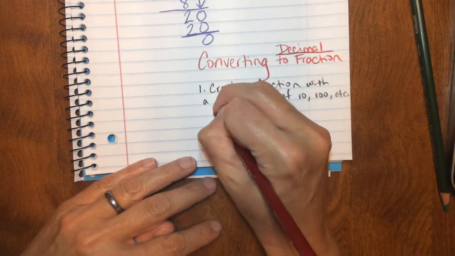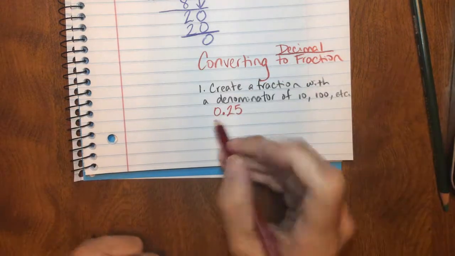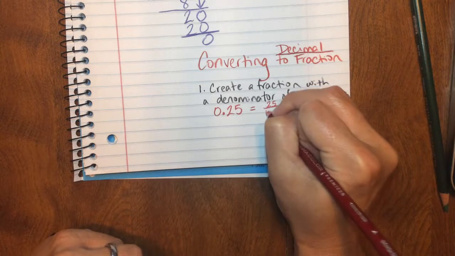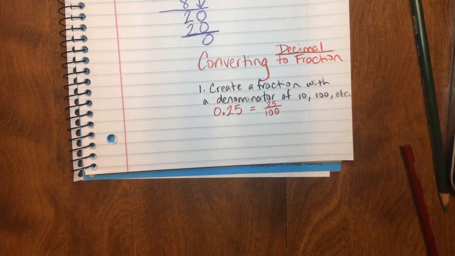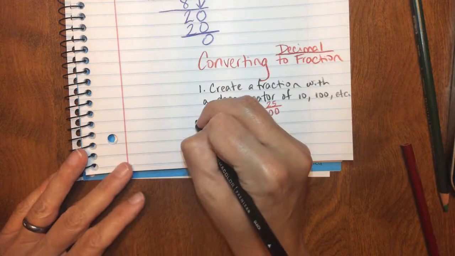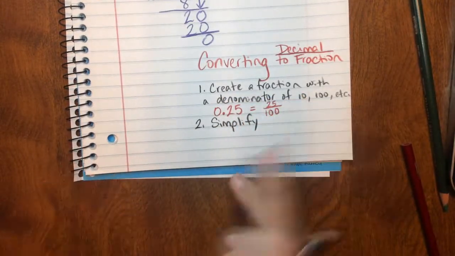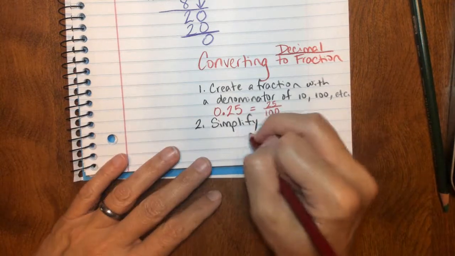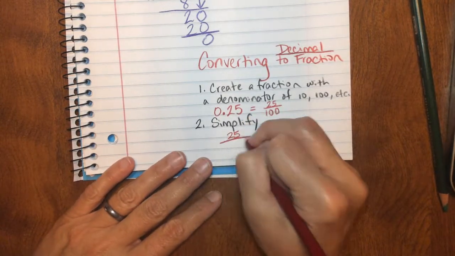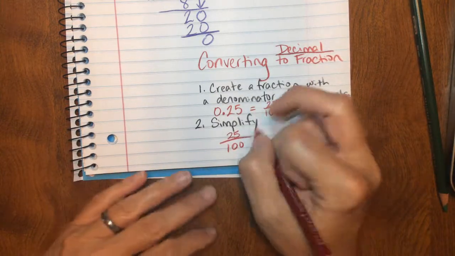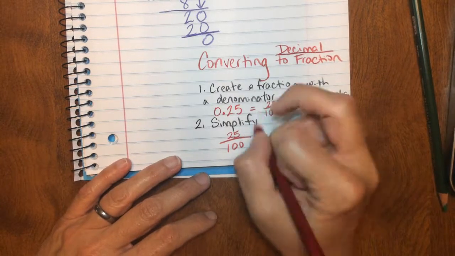So 0.25 is the same as literally 25 hundredths, right? If it had been 2 tenths, I would have converted it to a fraction 2 tenths. And then step 2 is just simplify. 25 hundredths is not the simplest form of this fraction. Both of these can be divided by 25.